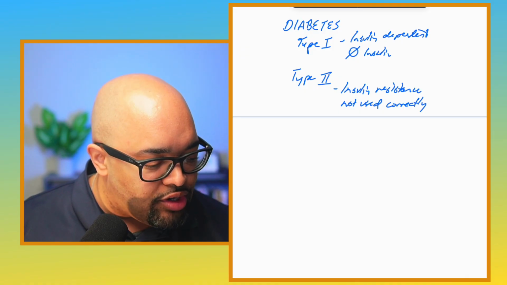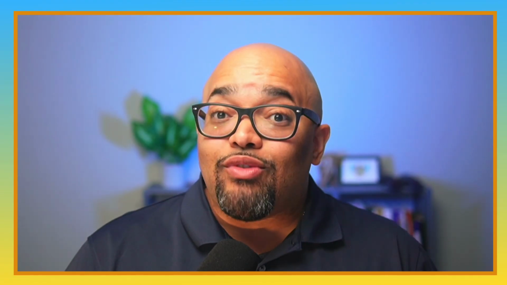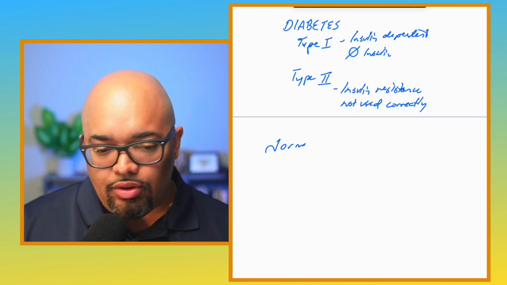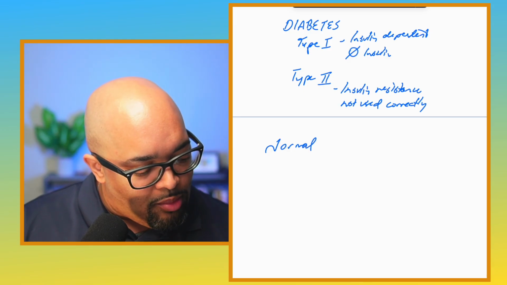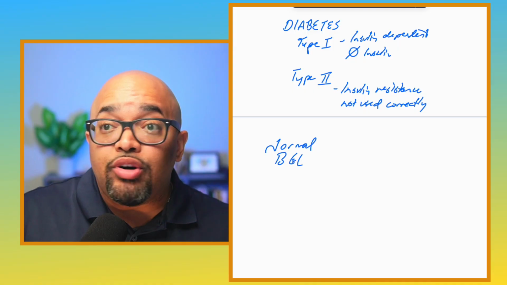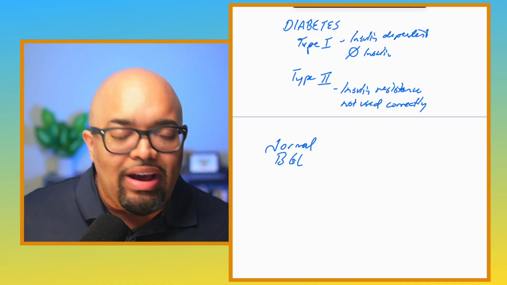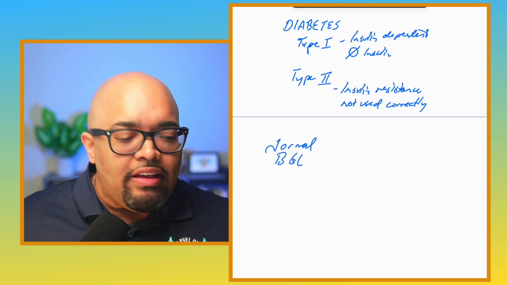Okay. Here's what I want you to know. When your blood sugar gets too high, first of all, what is too high? Well, let's define that. What is a normal blood glucose level? Depending on which book you look at or which lab you're referring to, they'll have different ranges, but it'll be somewhere in this range.